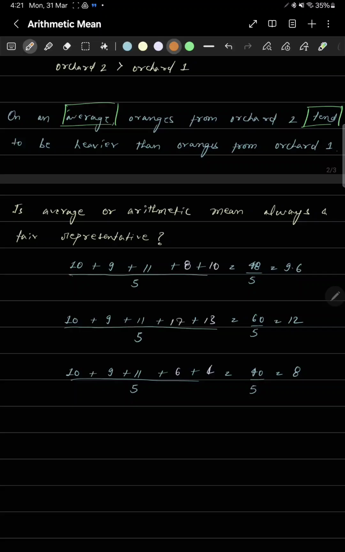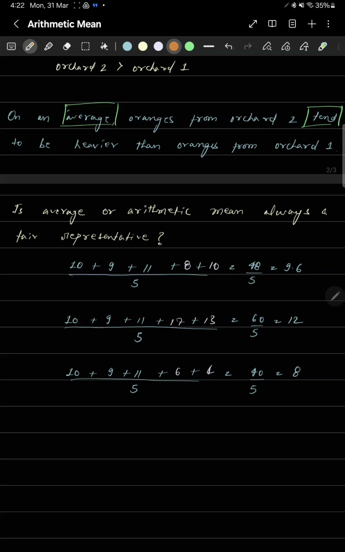Now, if you notice, we are only changing 2 numbers. But let's see how our averages or arithmetic mean is varying by changing the last 2 numbers. If you see 17 and 13, these numbers tend to be larger than the other 3 numbers. So this resulted in an increase in the arithmetic mean.